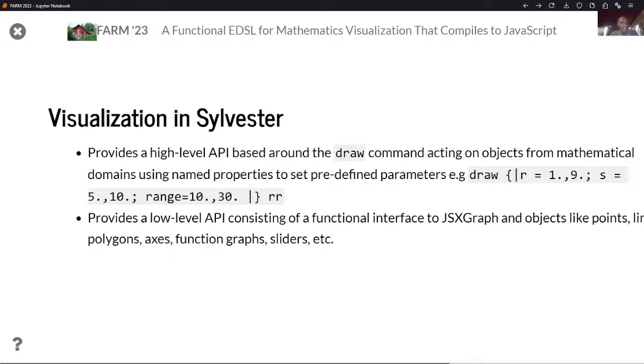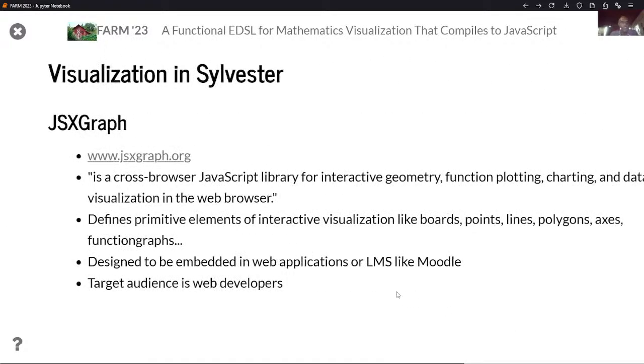Instead of working with mathematical objects, you work with objects like points, lines, polygons, all the different elements of interactive visualizations. JSXGraph is a cross-browser JavaScript library for interactive geometry. All the visualizations that we saw before were rendered using JSXGraph.